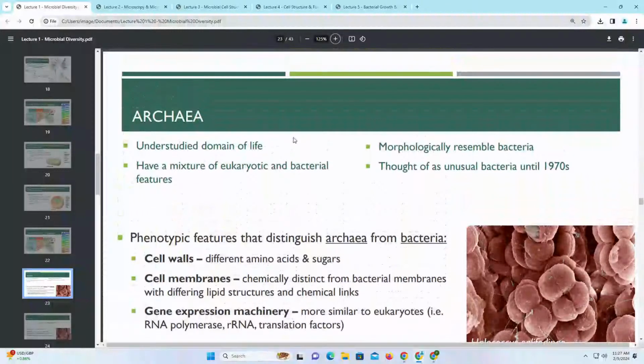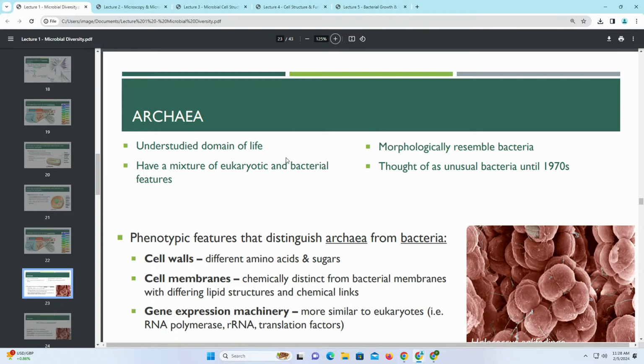It's important to know, are they prokaryotes or eukaryotes? So in archaea, I think memorizing and just really getting these down is important. Basically, archaea, I've said, are understudied. We really don't know much about them. And for the longest time, we thought that they just looked like weirdly shaped bacteria.